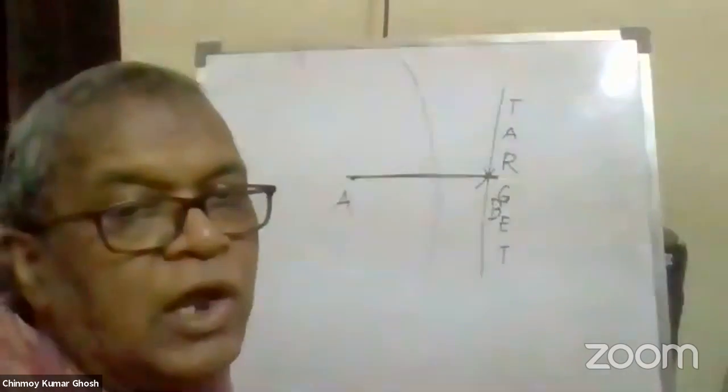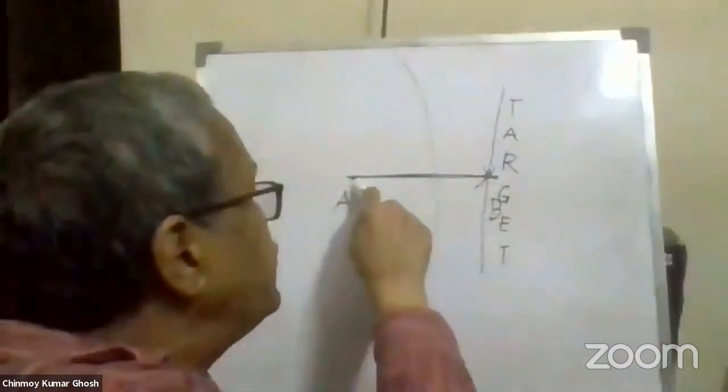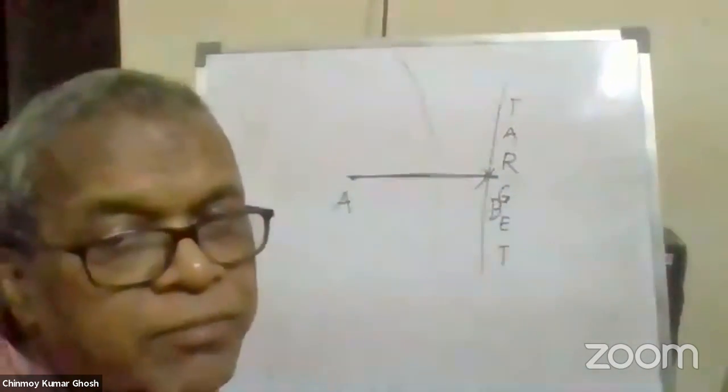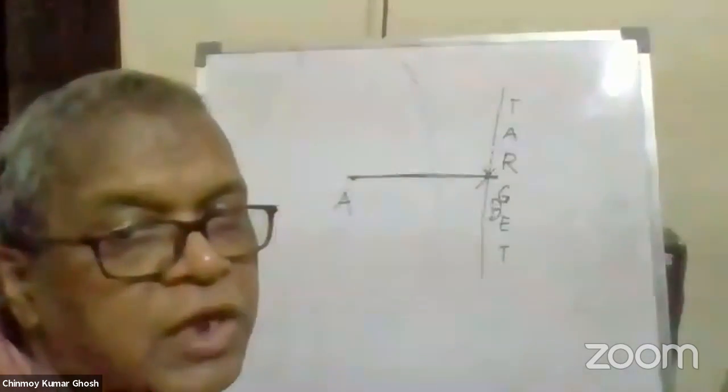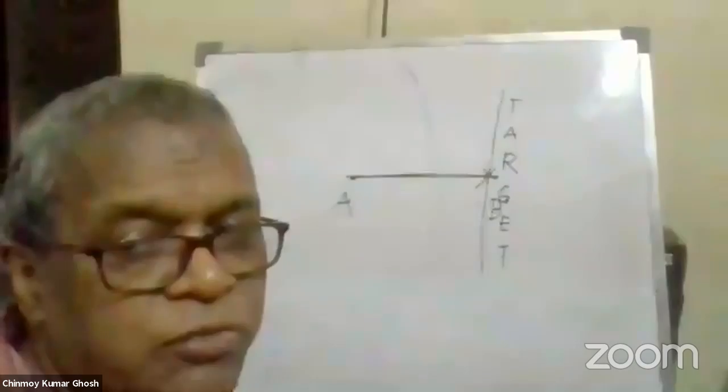That is, he is walking along a track, and he's always finding that the sound of the firing and the thud of the bullet striking the target can be heard simultaneously. Then what is the nature of the track? Is it a parabola? Is it a hyperbola? Is it an ellipse or a straight line?